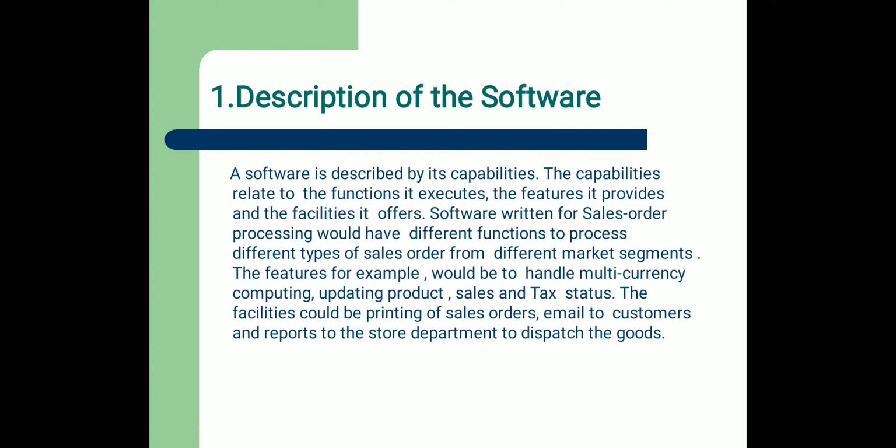So here a software is described by its capabilities, the capabilities related to the function it executes, the features it provides and the facilities it offers. Software for sales order processing would have different functions to process different types of sales order from different market segments.